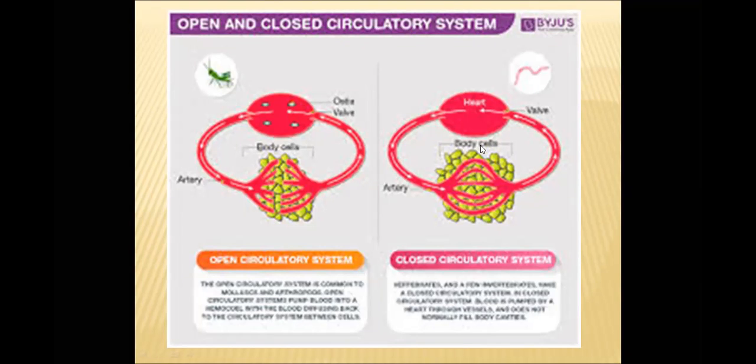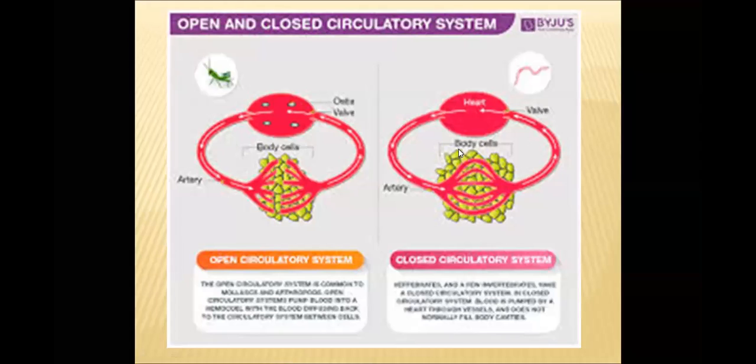In case tissue fluid is low in quantity, then what happens? Lymph fluid from the lymphatic system comes out and fills the tissues, and it makes up the quantity of the tissue fluid. So whenever there is excess tissue fluid, it will be pumped into the lymphatic system. Whenever there is less tissue fluid, lymph fluid will come out and make up the deficit.